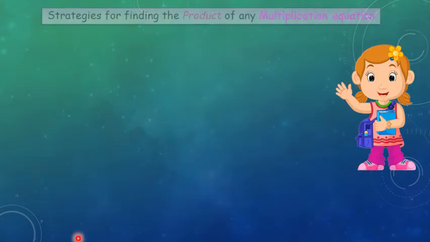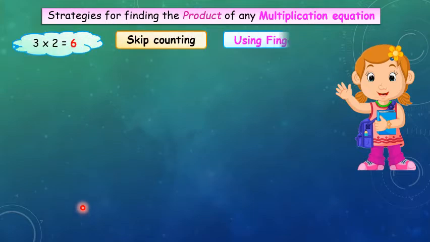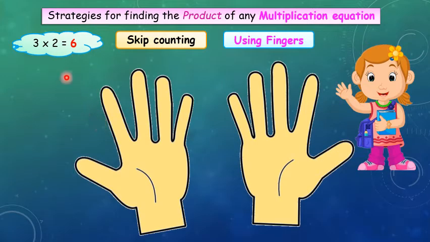Let's go now to our first strategy, which is skip counting using our fingers. If we have our multiplication equation 3 by 2 equals what? I want to prove that 3 by 2 equals 6. If I use my fingers, we have 3 parts in each finger.